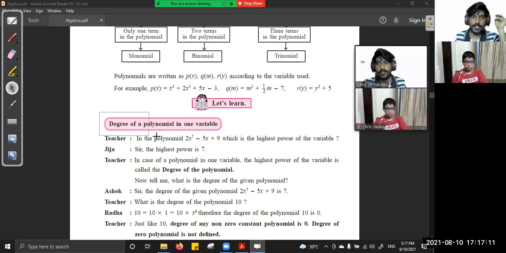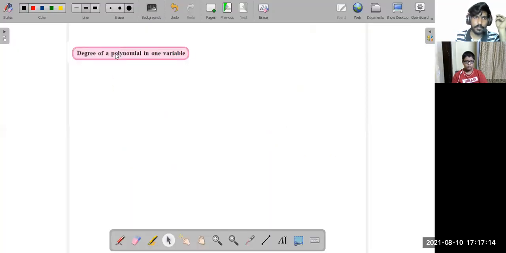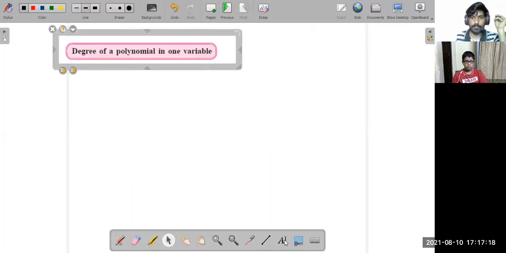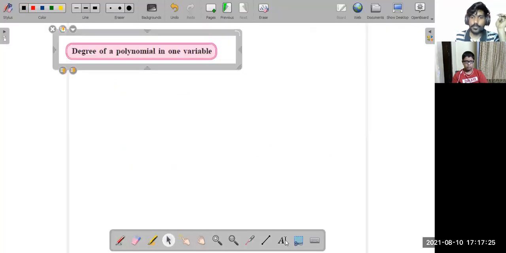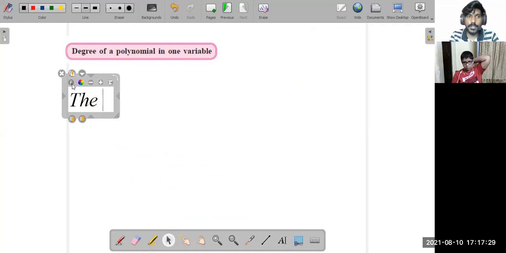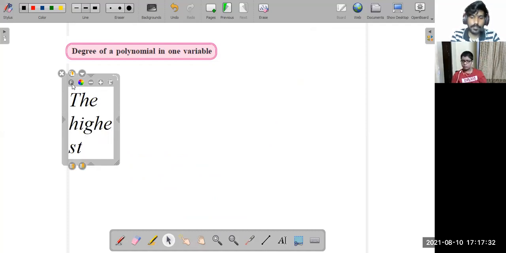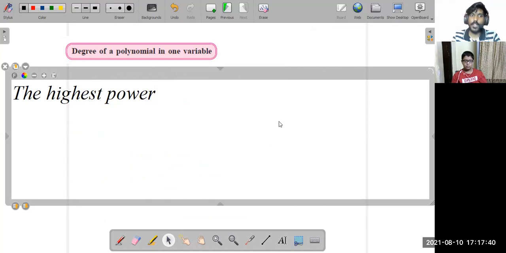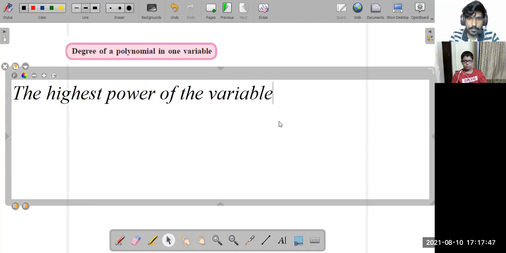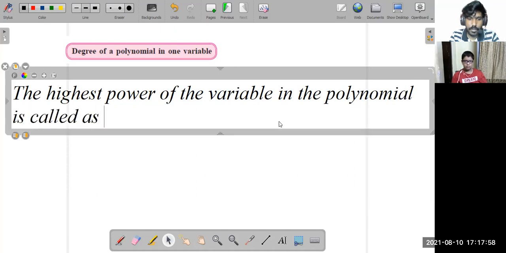Okay. Next topic is degree of a polynomial. Now, the highest power of the variable in the polynomial is called the degree of the polynomial.